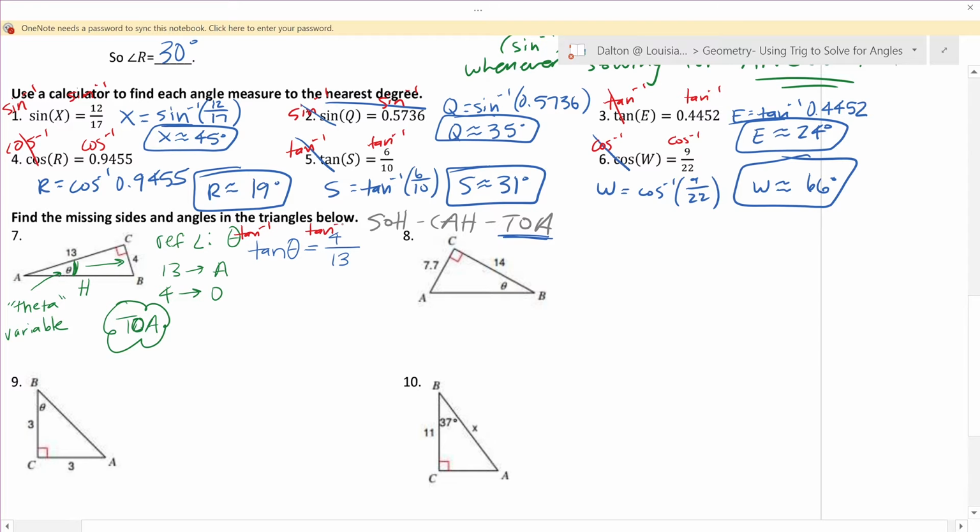The opposite of whatever theta is stuck in right now. Tangent inverse cancels with tangent, leaving me just with theta on the left side, equals tangent inverse of 4 over 13. And so you do that in your calculator. Second tangent, 4 over 13, and you should get that theta is approximately 17.1 degrees.